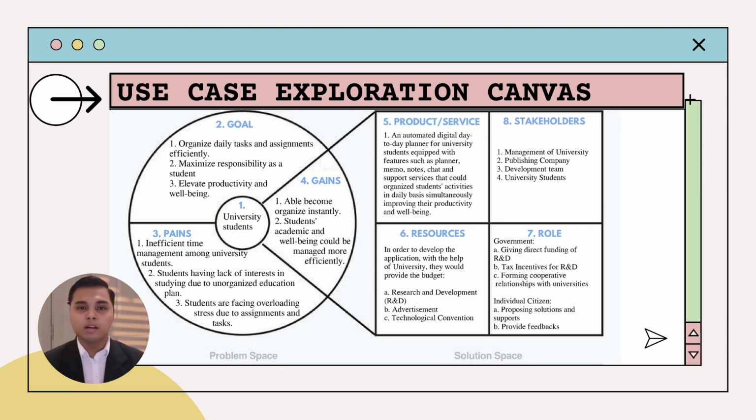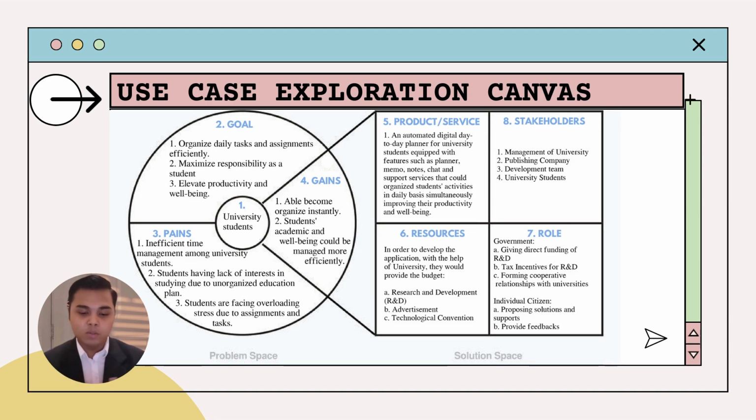As for this Edu Planner, to create a persona, first, for the problem space, the persona is the university students, while the goal is what the persona is trying to achieve. There are 3: they are trying to organize their daily tasks, maximize responsibility, and also elevate productivity and well-being.